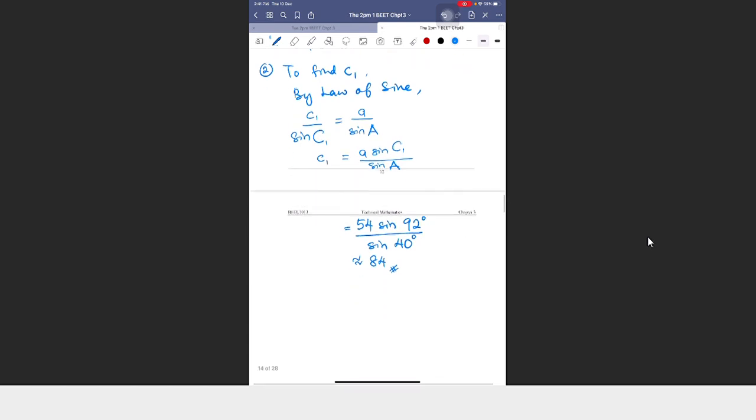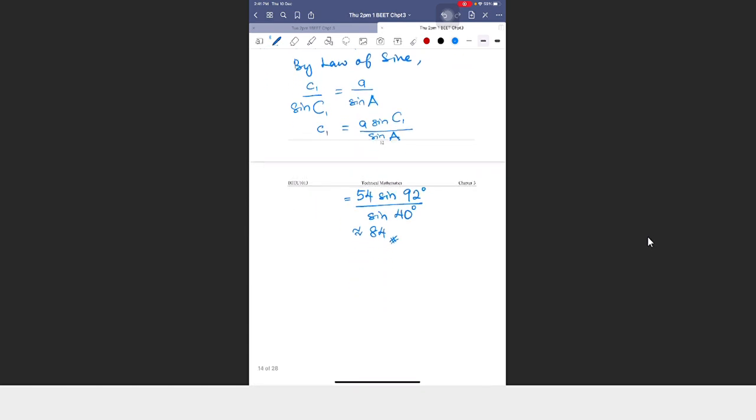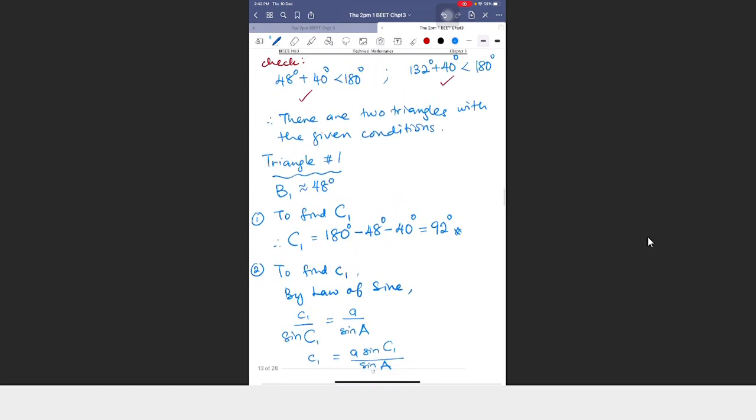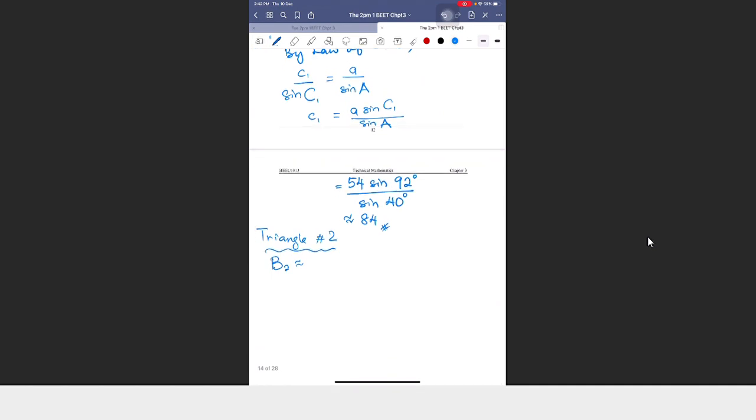So now I can move on and solve for my triangle number 2. My B2 just now I have found to be 132 degrees. The next thing that I want to find is my angle C2.